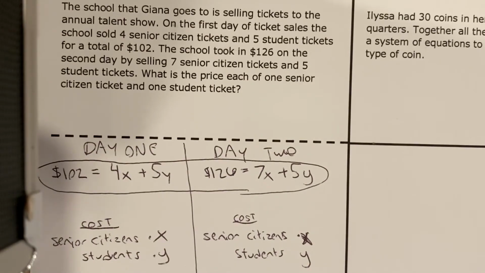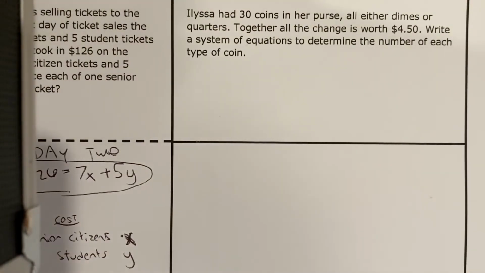Let's move on to the second equation set. This word problem says, Alyssa has 30 coins in her purse, and all of them are either dimes or quarters. Together, the change is worth $4.50. We're going to write a system of equations to determine the number of each type of coin.